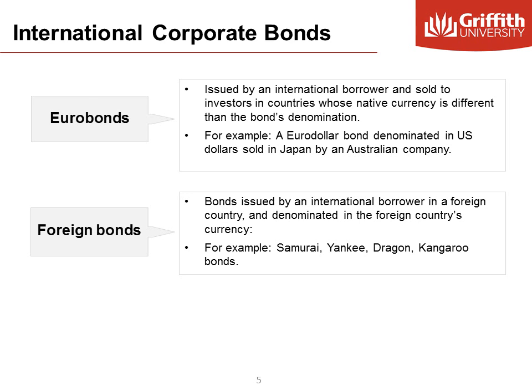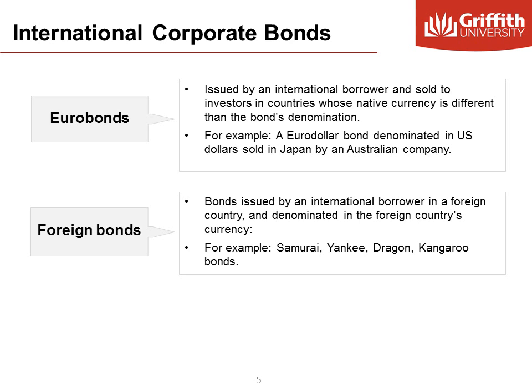Many of these issues have colorful nicknames such as Yankee bonds, which are dollar-denominated bonds issued by non-American borrowers in the US market. Samurai bonds are yen-denominated bonds which are issued by non-Japanese borrowers in the Japanese market.